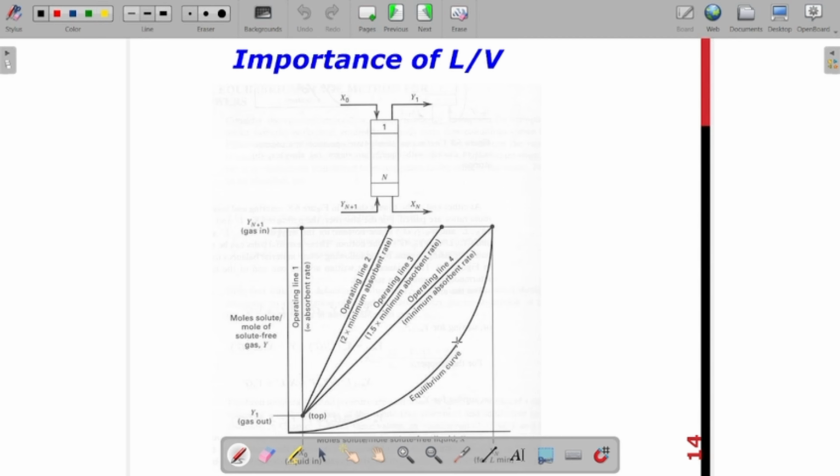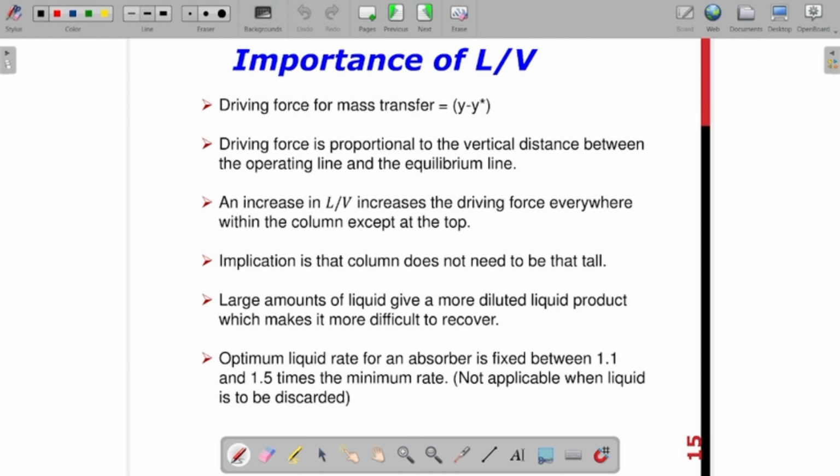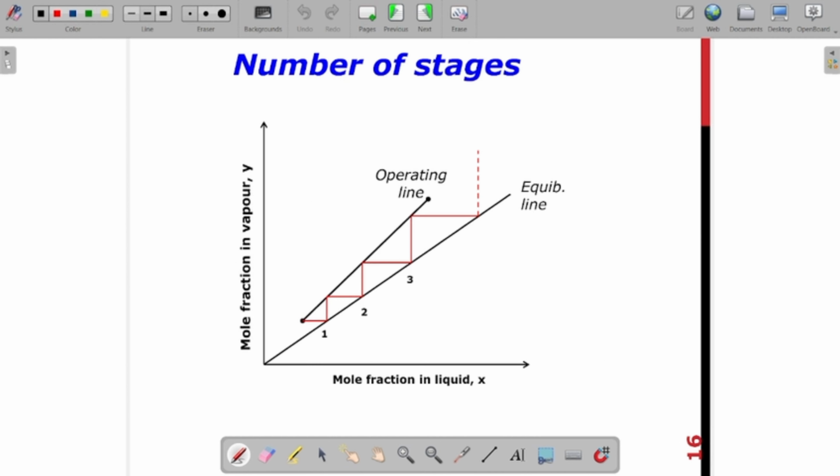This is the equilibrium curve, and based on these things we have the operating line. This is where we have the normal one. And you have the driving force, which is y minus y star. It becomes the driving force in the system. And over here, you should also know that we have a minimum rate, or you can have a maximum rate.